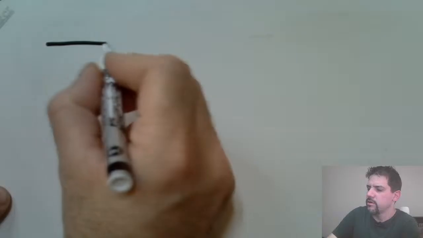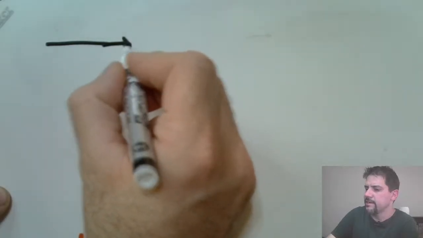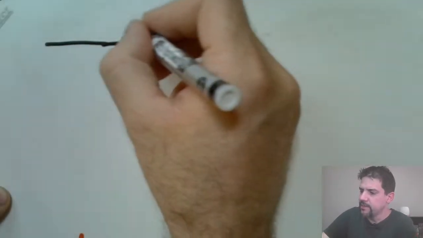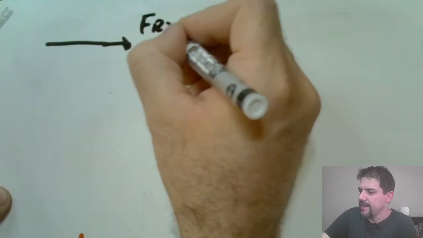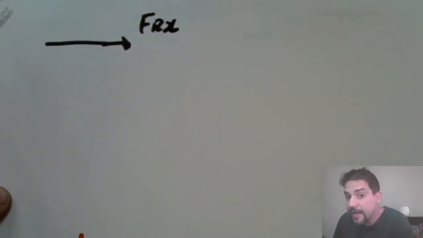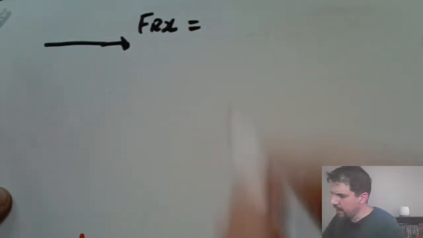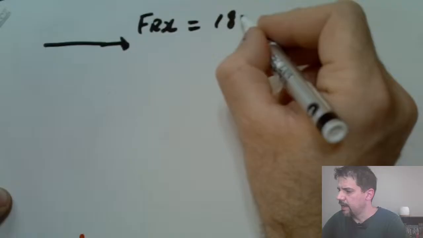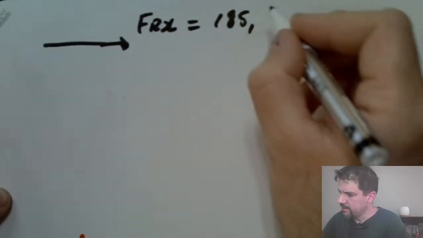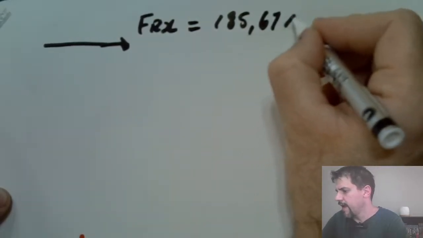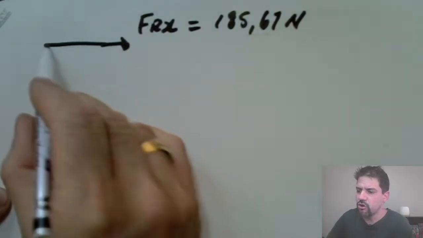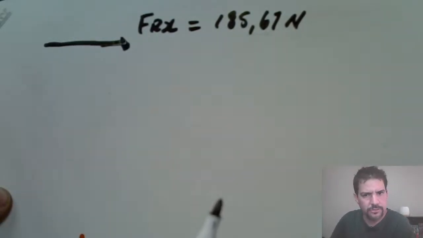We have a force in the x-axis, which is this one, that is F_R in x, which we did calculate. This one is equal to 185.67 Newton. I am not going to write the direction because in the drawing you can see the direction.